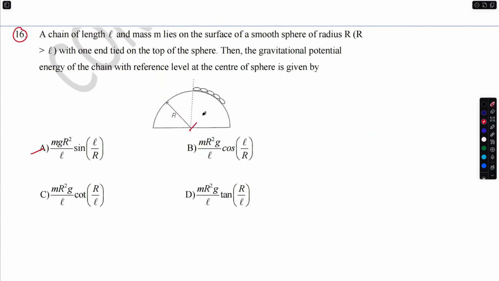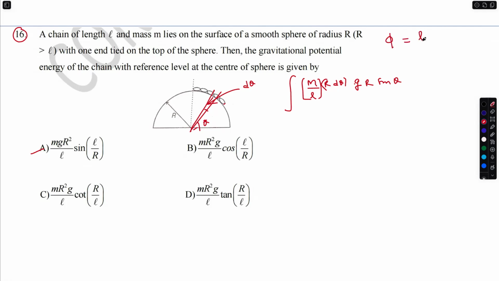Now in this case, you take one small element here, d theta, and this is theta. So the potential energy of an element here is mass per unit length times r d theta m g. H stands for r sin theta. And you need to integrate all such angles from, what is this angle? Say for example phi.